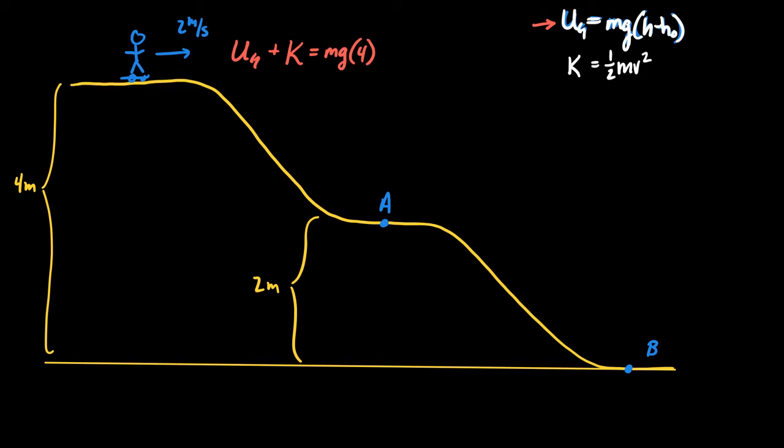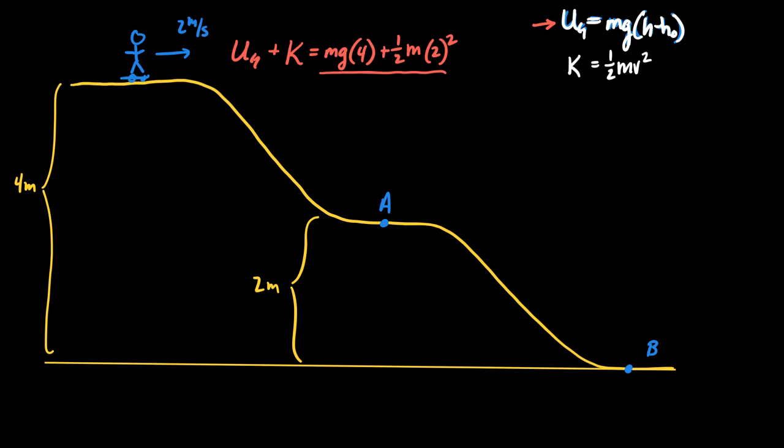I don't know their mass. I know g, but I don't know their mass. I also know that at the same time, they're traveling at 2 meters per second. This represents how much energy they have at the very start of the problem.